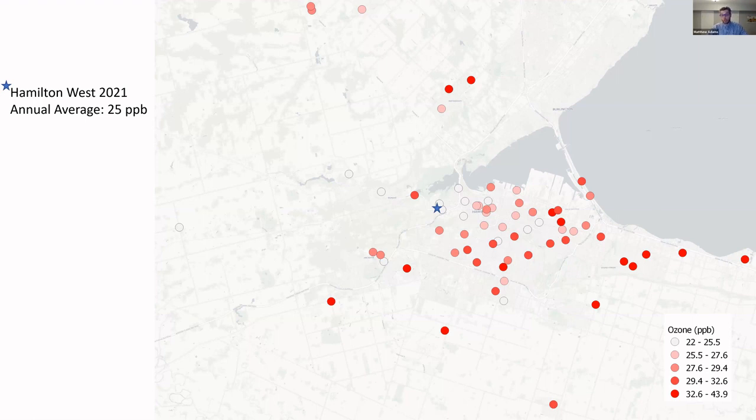The air monitors from the MOECP represent urban exposure to ozone quite well, but not so much rural exposure. It really is probably underestimating. So it's something we need to keep in mind as we move forward to understand risk associated with ozone.